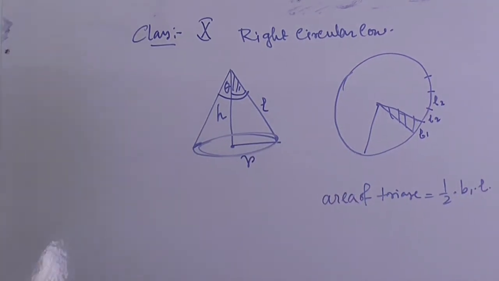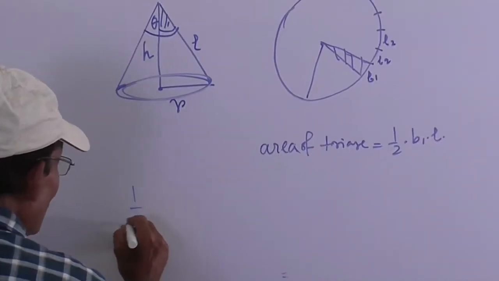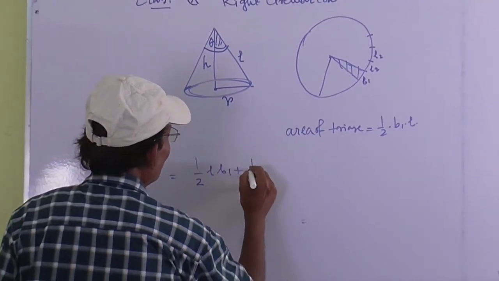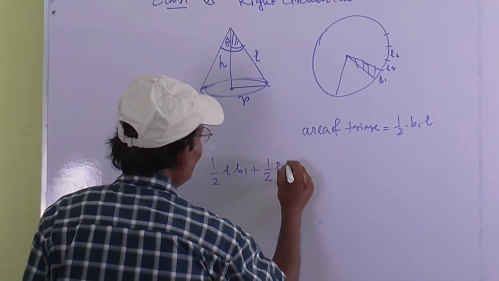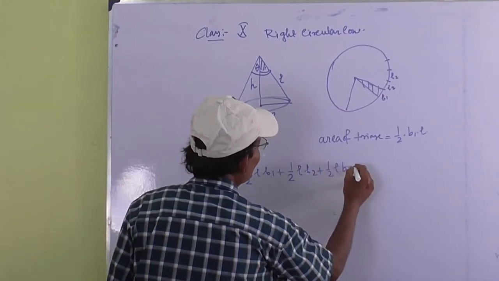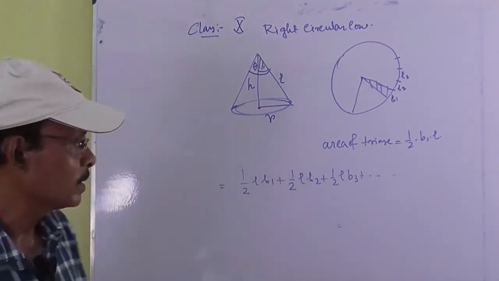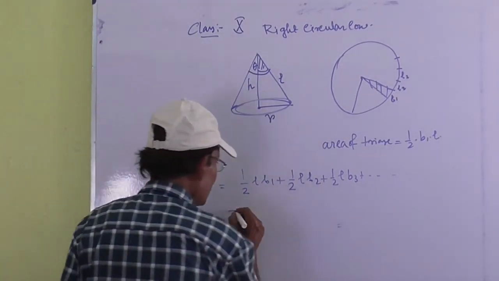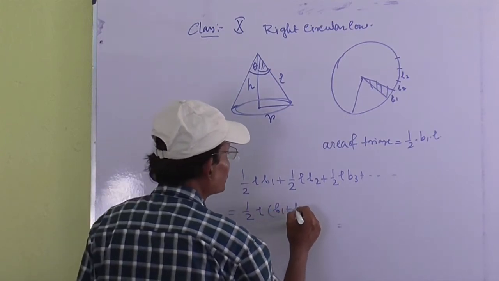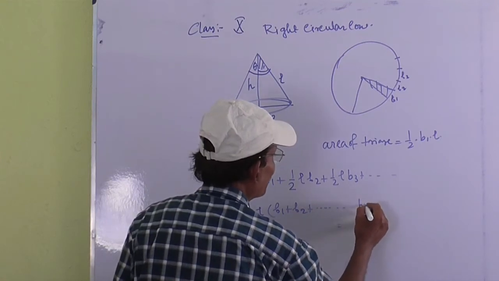So, the area of the entire piece of paper will be half L B1 plus half L B2 plus half L B3 and so on up to n. If we take common, half L into B1 plus B2 plus up to Bn.